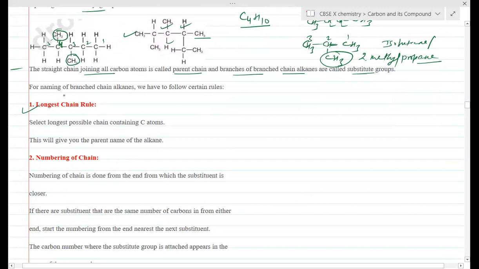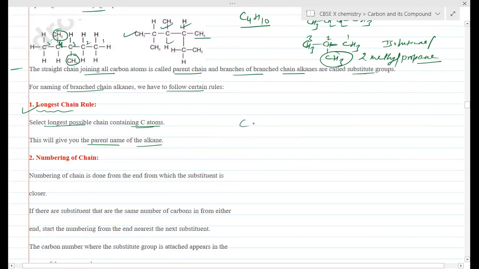For naming the branch chain alkanes, we have to follow certain rules, like the longest chain rule. Select the longest possible chain containing carbon atoms. This will give you the parent name of the alkane.